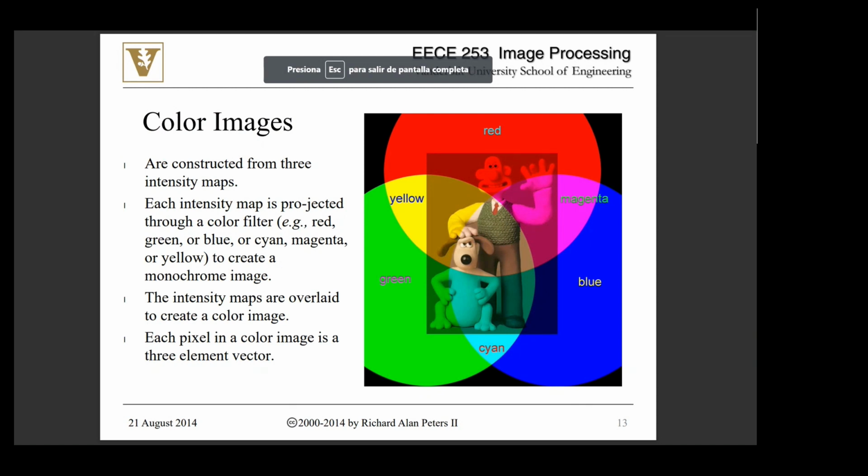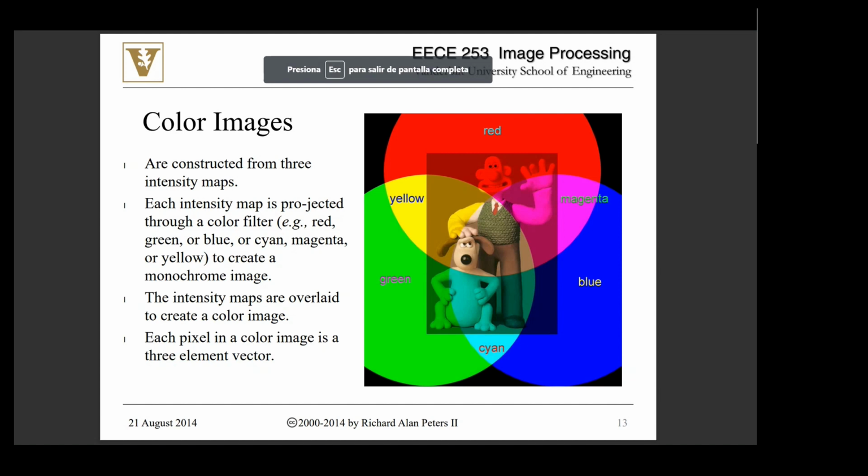So we have the three channels, red, green, and blue. Depending on the values that you put in, if you make red equal green and then set blue to 0, what you have is yellow.